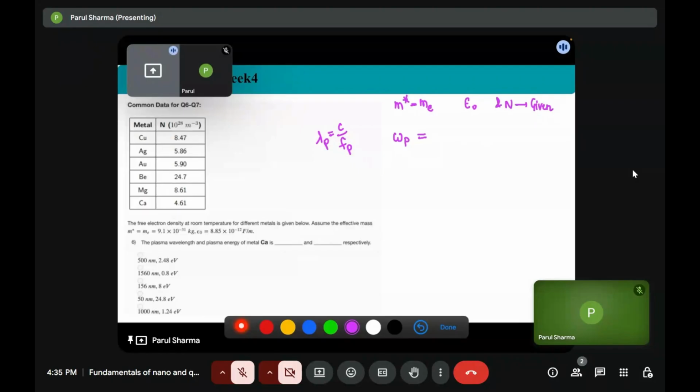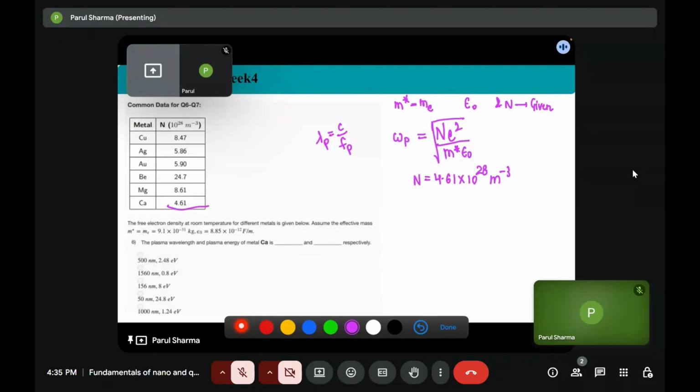Omega p is equal to the square root of n e square by m star epsilon naught. So if we substitute the value, n is 4.61 into 10 per meter cube.